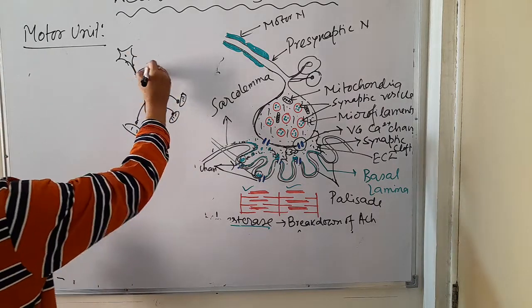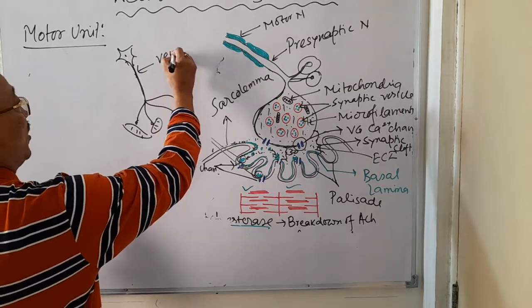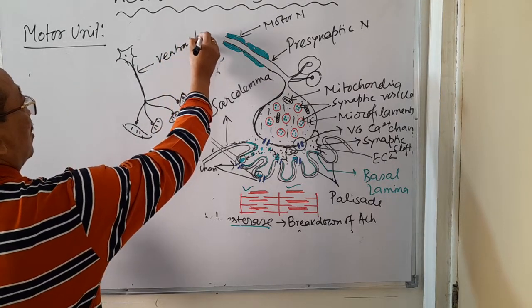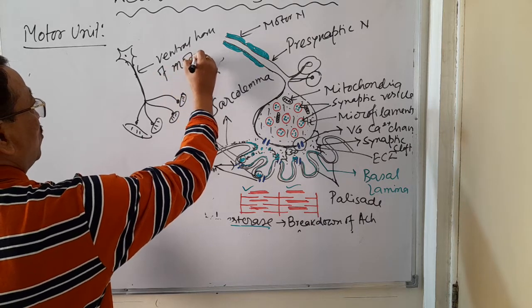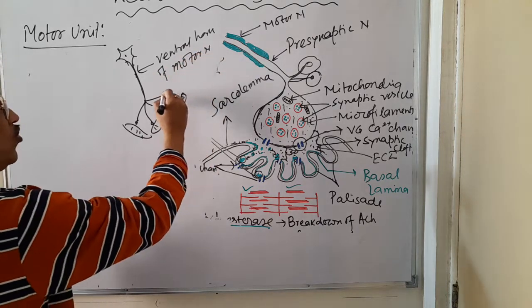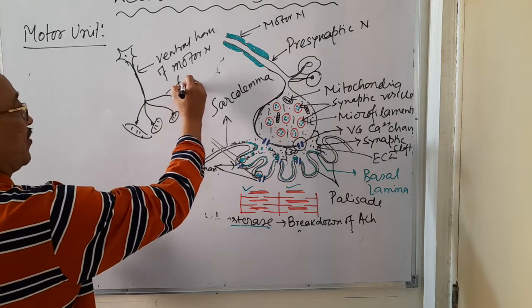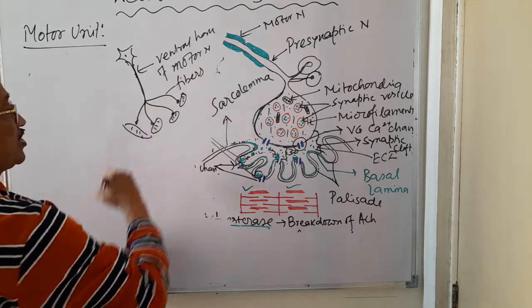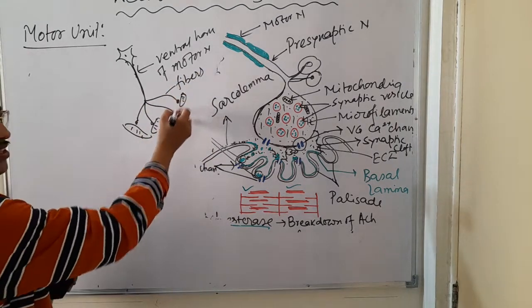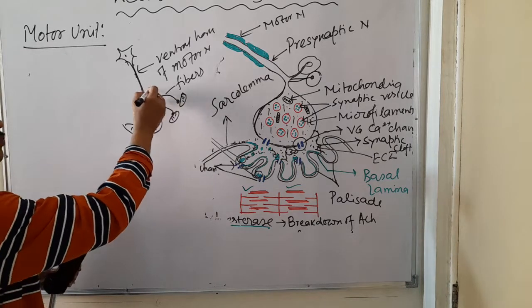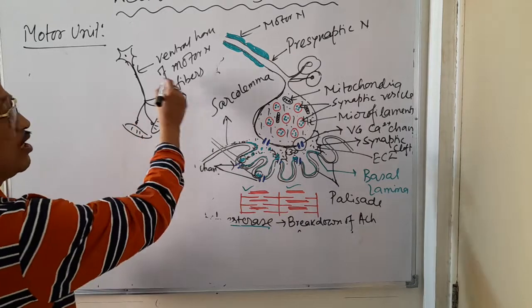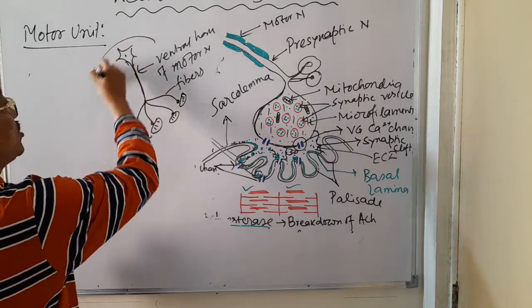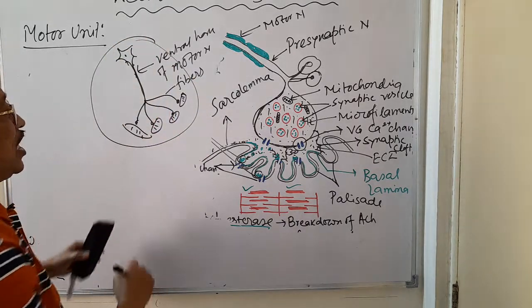So a single ventral horn motor neuron, along with all its fibers, and the muscles which are supplied by that single motor neuron, is collectively known as the motor unit.